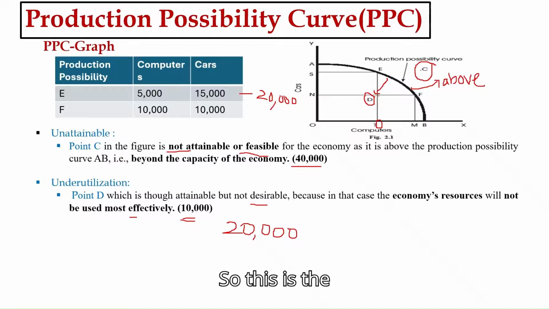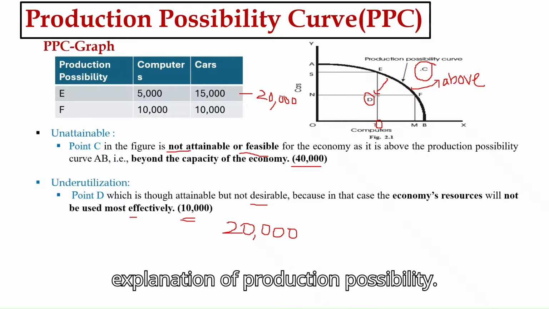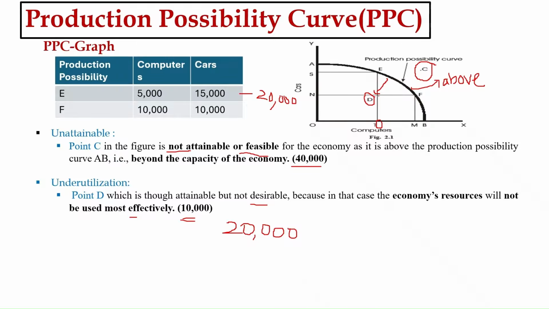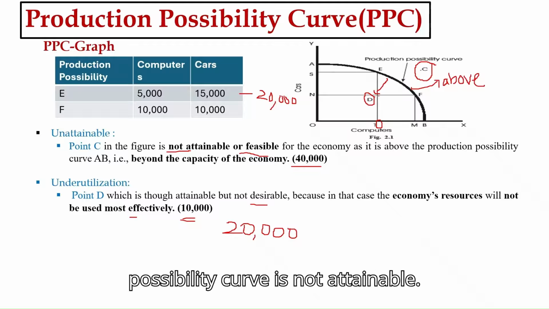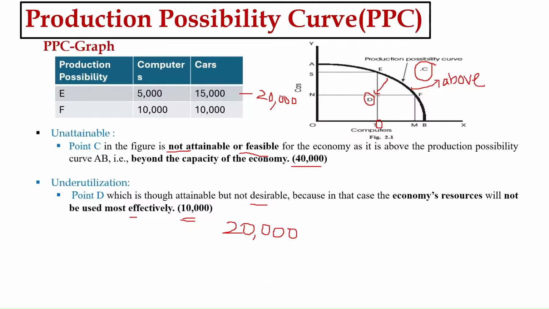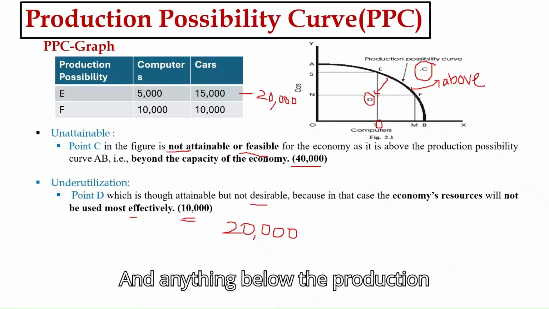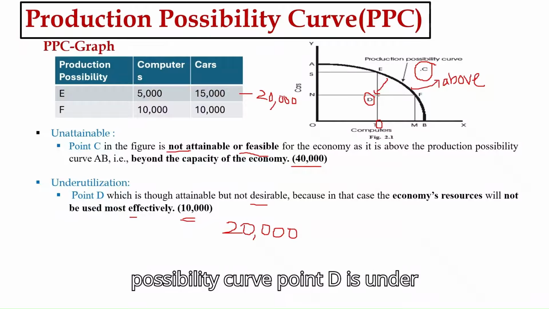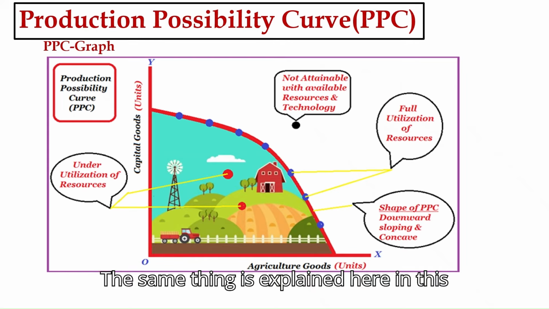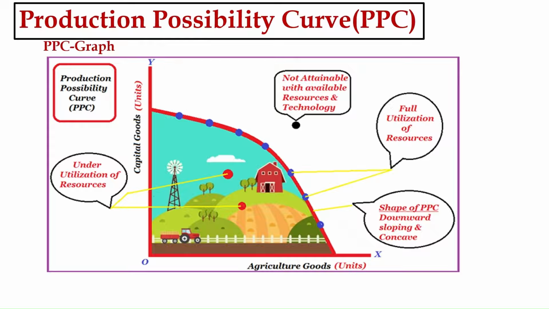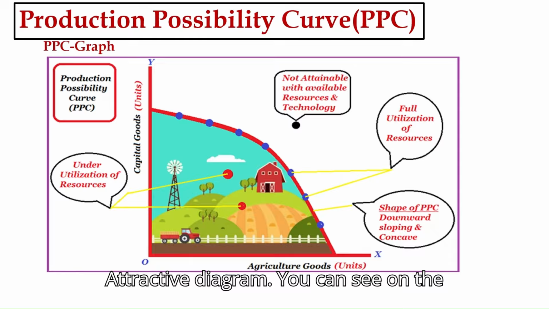So this is the explanation of the production possibility curve. Anything above the production possibility curve is not attainable, and anything below the production possibility curve, like point D, is underutilization. The same thing is explained here in this diagram. Very attractive diagram.